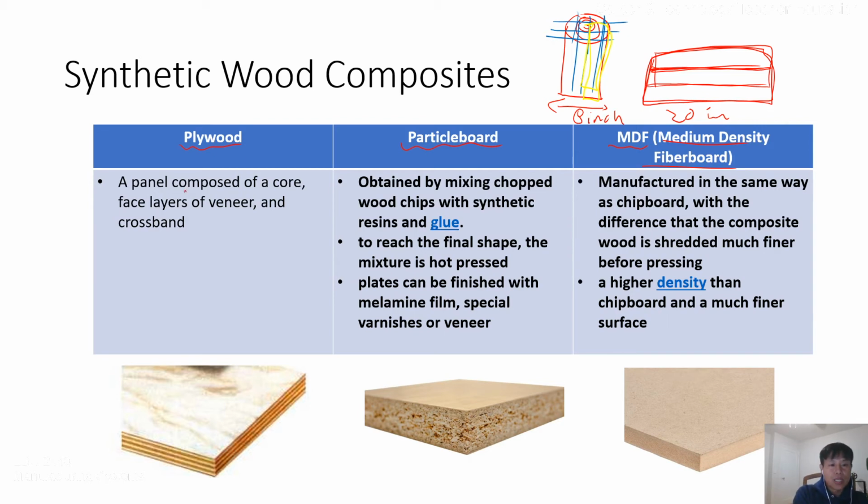Plywood is a panel composed of a core, this area is a core, and face layers of veneers, this face. The veneers are the outer layers. Like when we peel an apple, we can peel off the outer layer from the log.